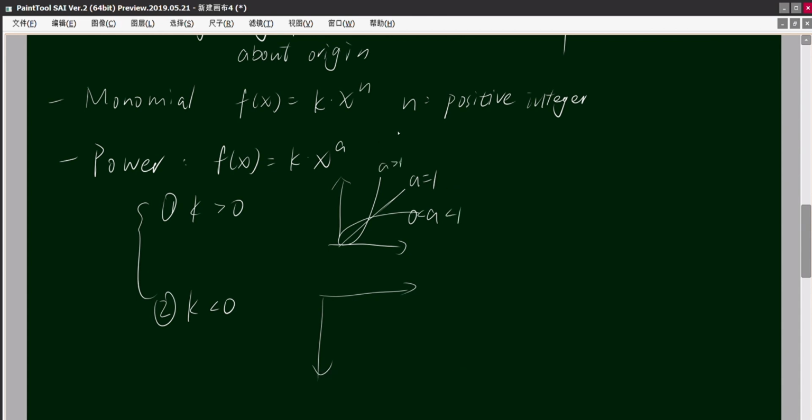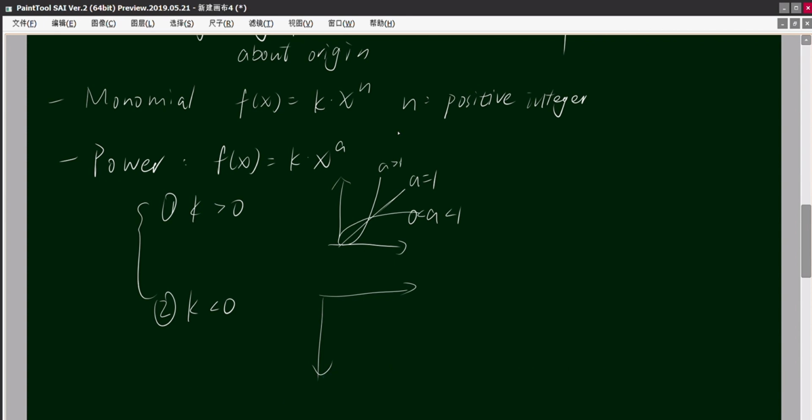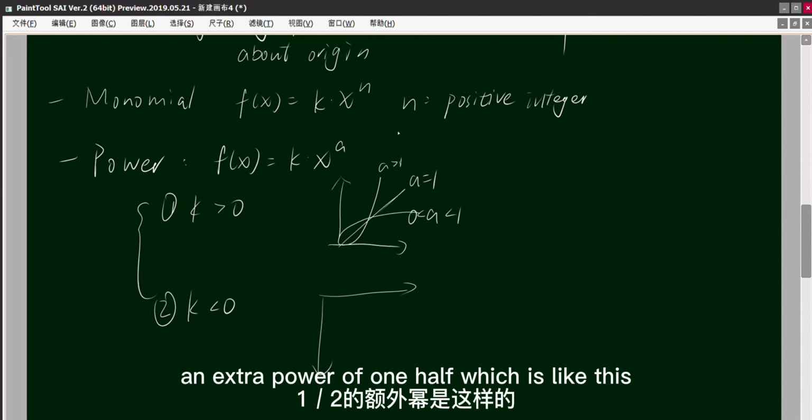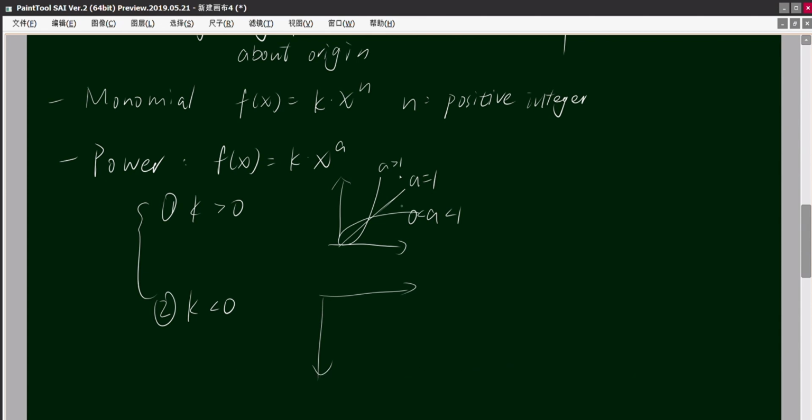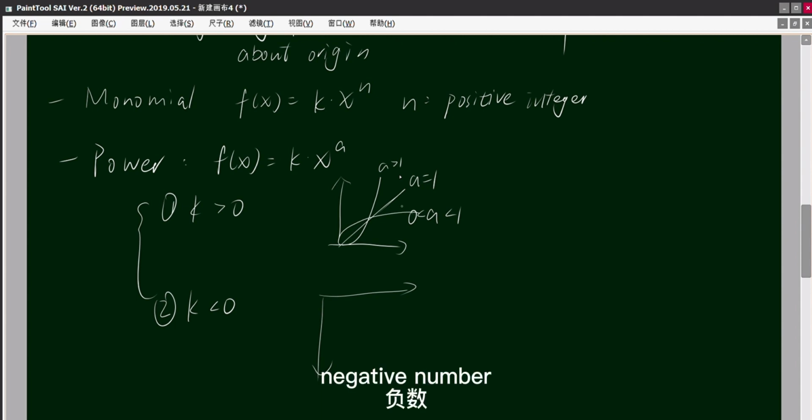For example, when a equals 1/2, the function is k times x to the power of 1/2, which is like this. And when a is a negative number, it is like this.